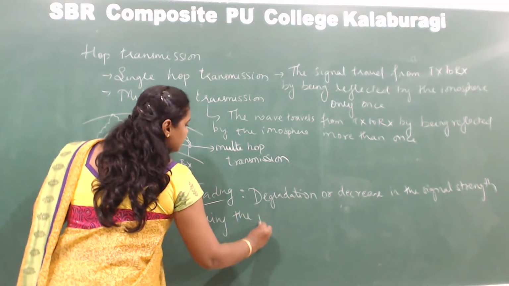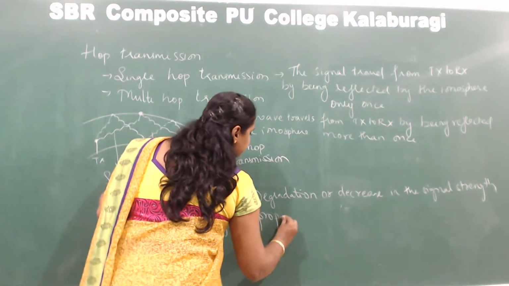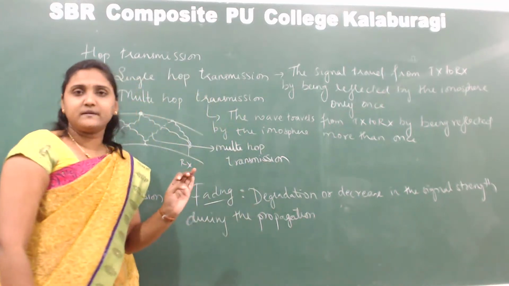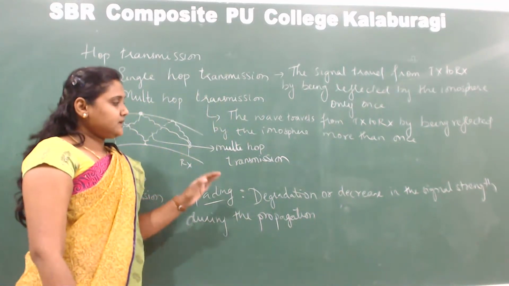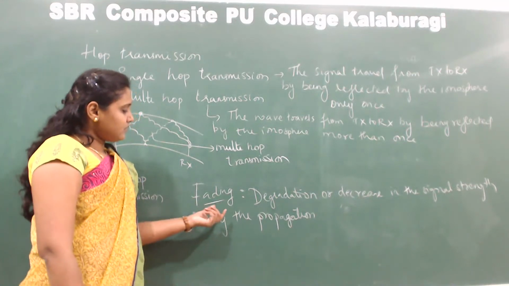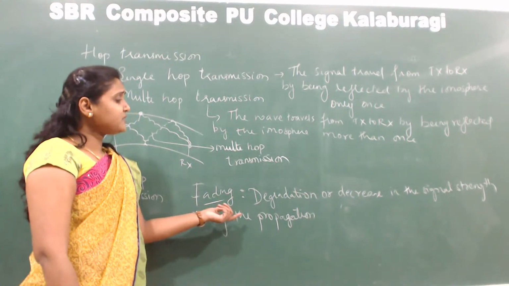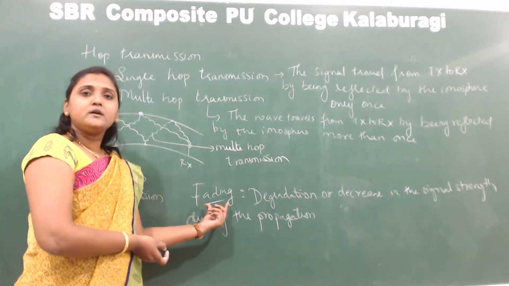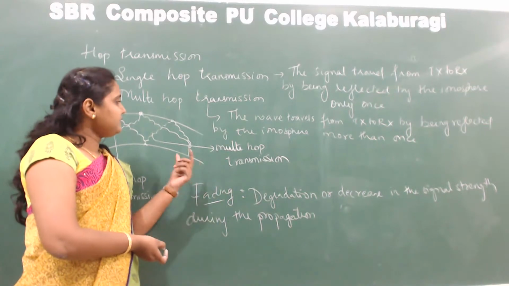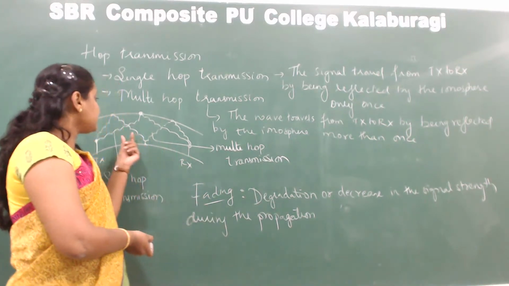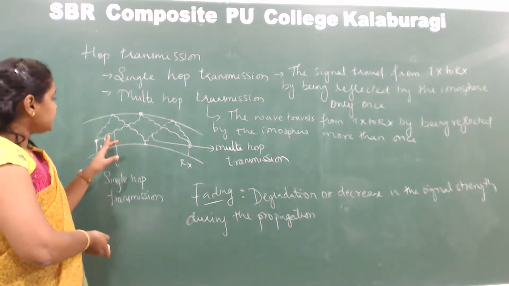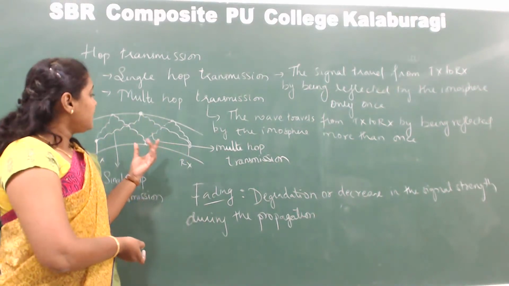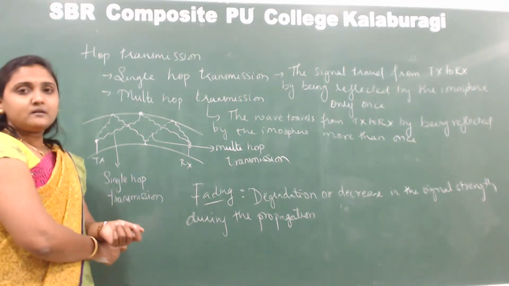During the propagation, the signal keeps on degrading, otherwise the strength of the signal keeps on decreasing. This type of decrease or degradation observed in the signal strength is called as fading. To avoid fading, we can use repeaters, otherwise we can go for multiple hop transmission, because the signal that is being degraded can be recovered, otherwise boosted again by the repeater section here.